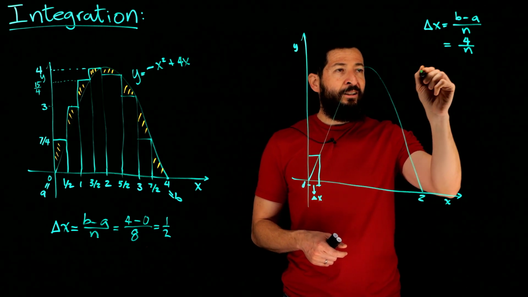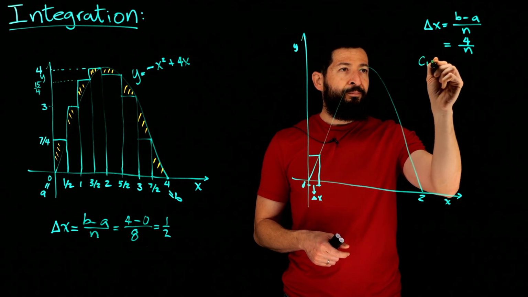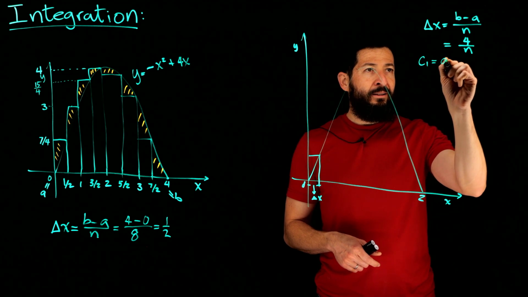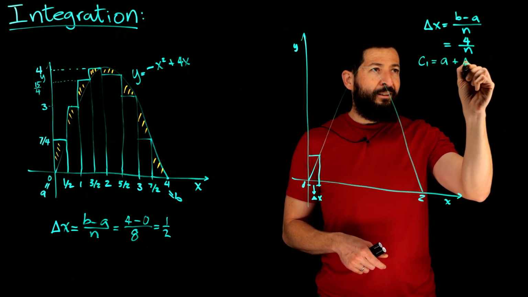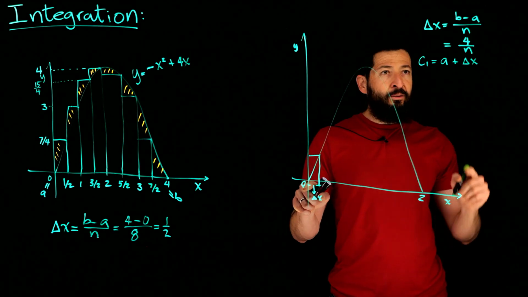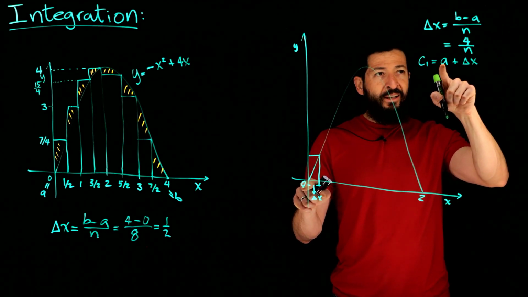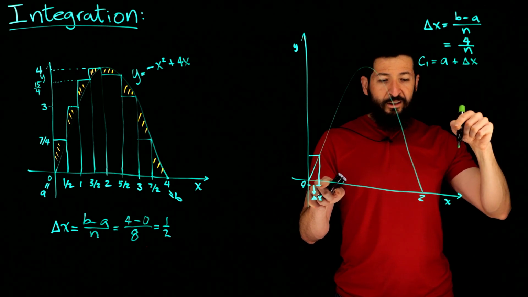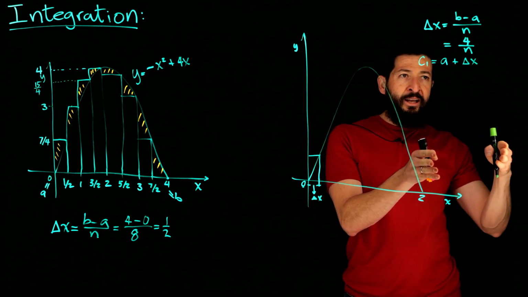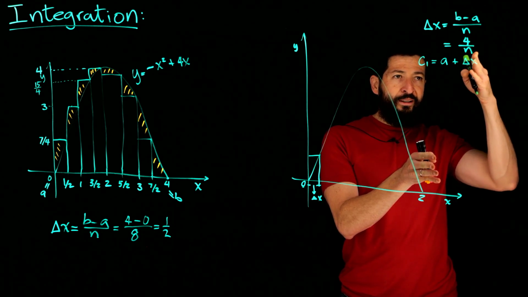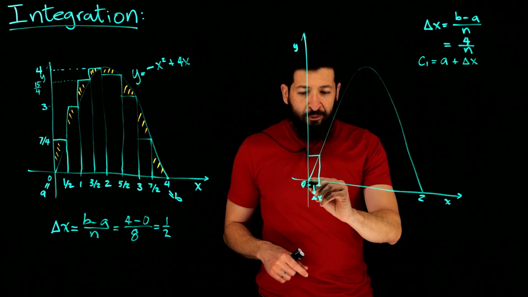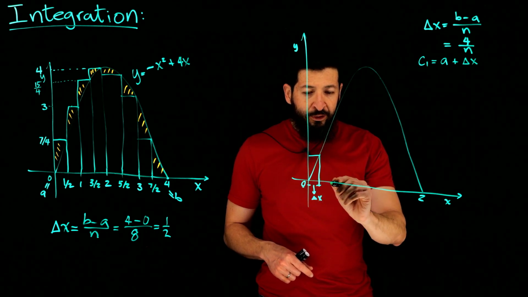So the first height, let's call it c1 if you will, is going to be given by a plus 1 delta x. In our case, a is 0, I'm starting at 0, so I'm going to do a, which is 0 in this case, plus 1 delta x. So if your graph started away from 0, you still start at a plus delta x, because that's going to be your first rectangle, the first vertical line. Then you move over, and you're going to be going from a, 1 delta x, 2 delta x.